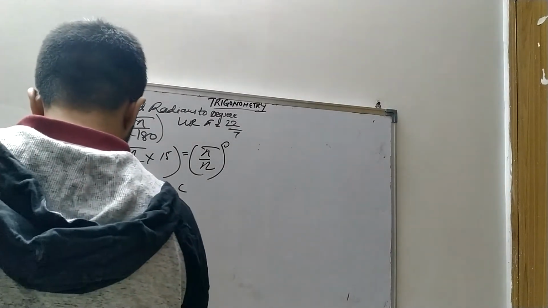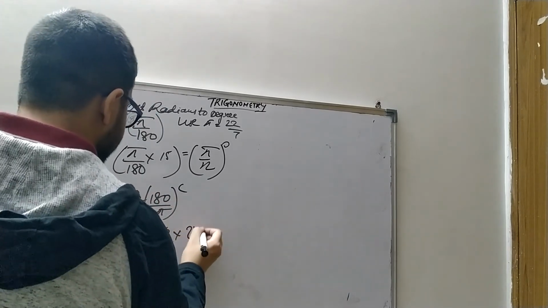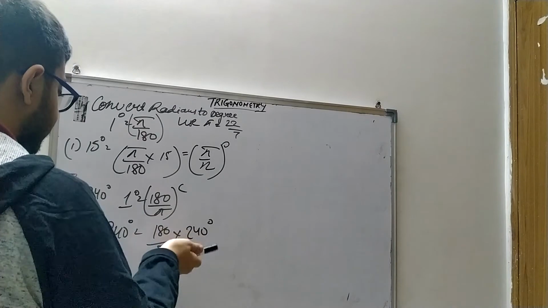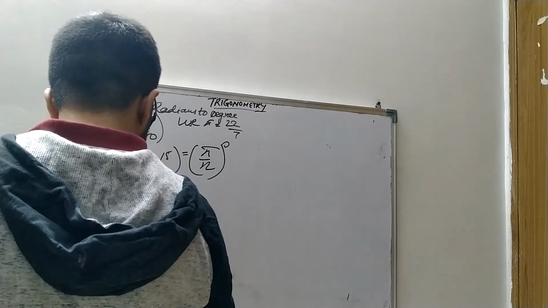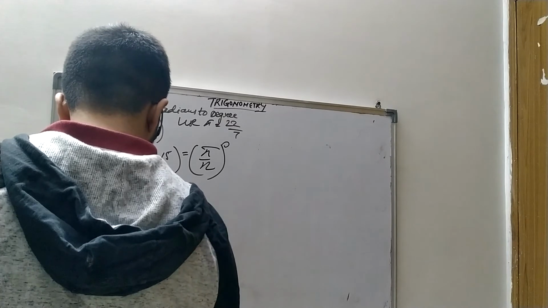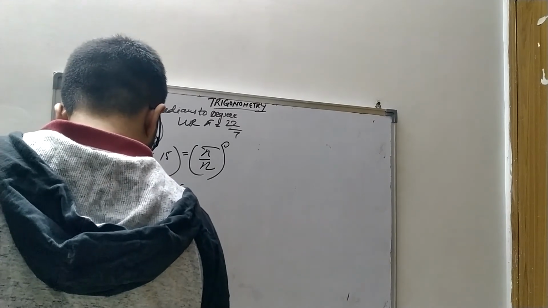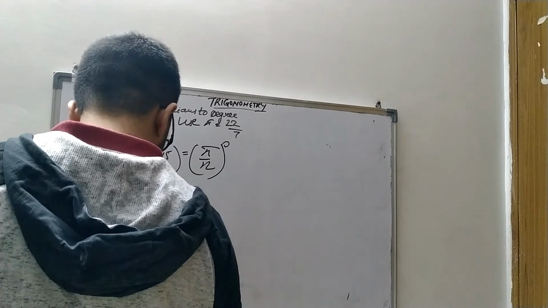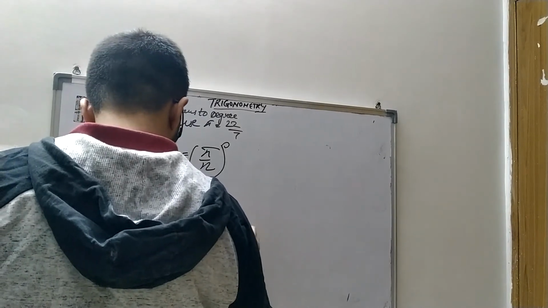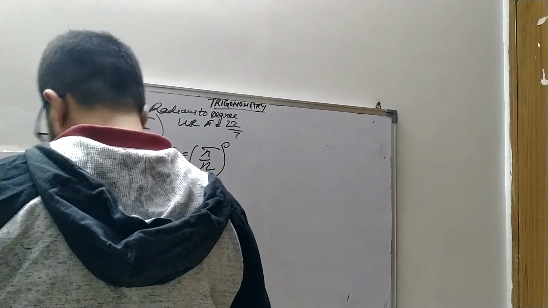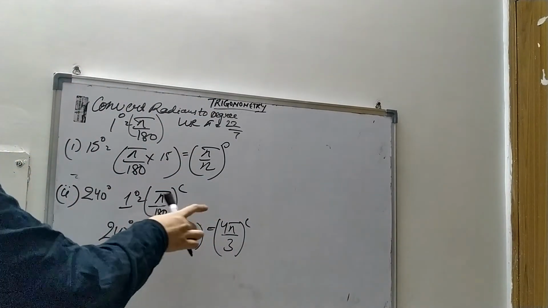Just we see 240 degree is equal to 180 upon pi into 240 degree, which is 4 pi by 3 radians.